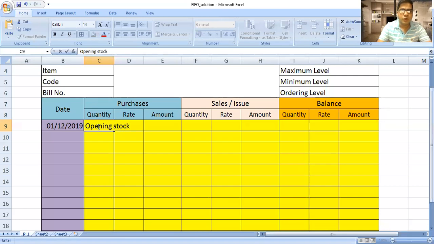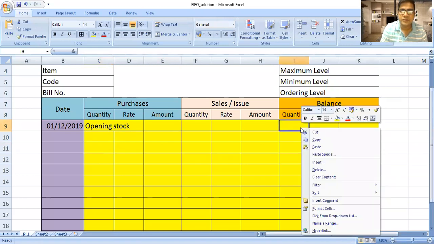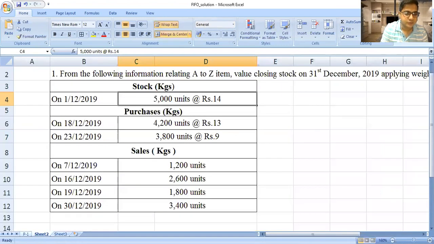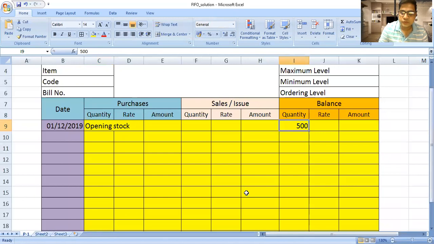There is no column for opening stock, so we will only put opening stock, and directly write in the balance column. How many units are there? 5,000 units at the rate 14 per unit.